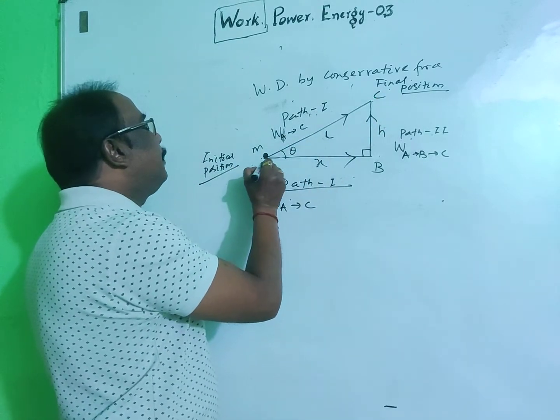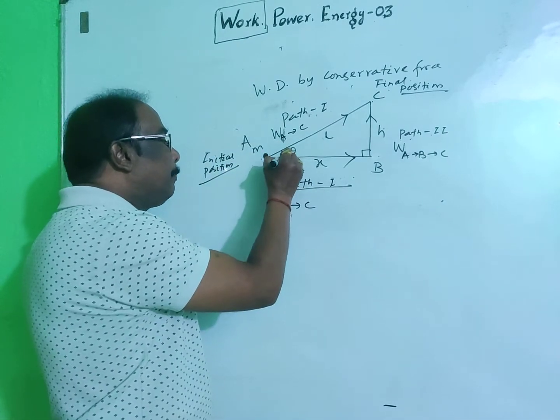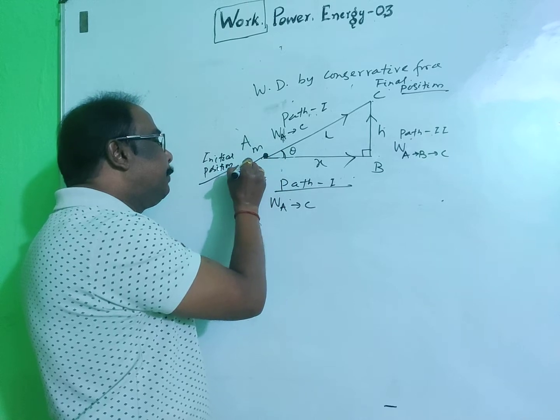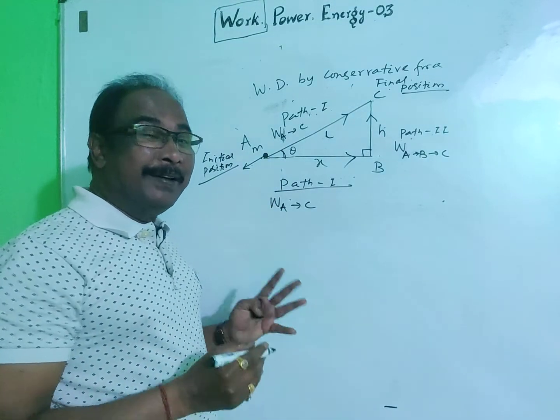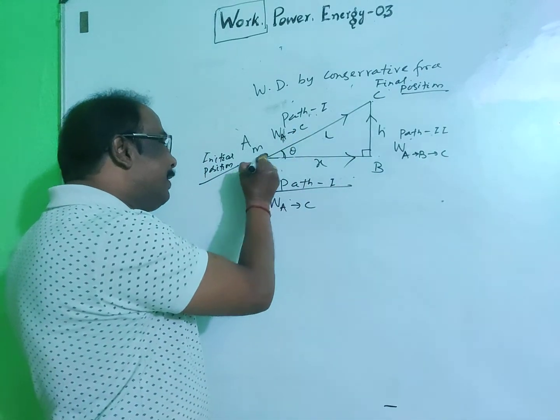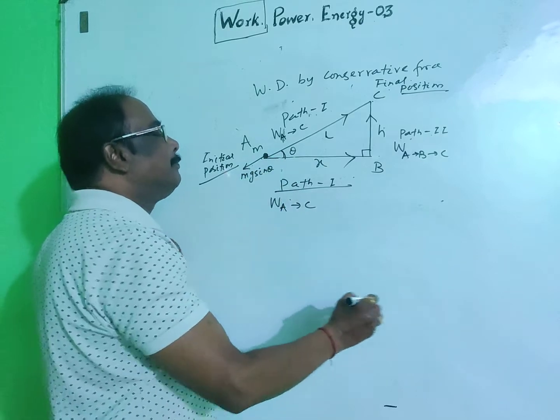If the mass of the body is m and the position is A and the angle of inclination is theta, then the component of gravitational force parallel to the plane in the downward direction is mg sin theta.